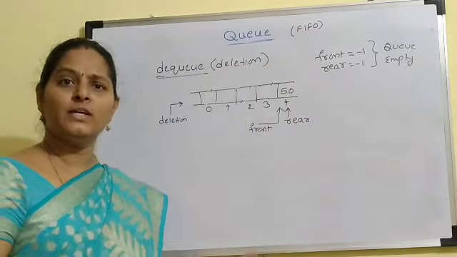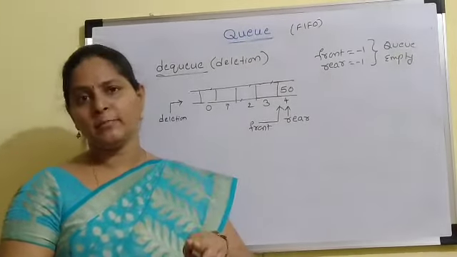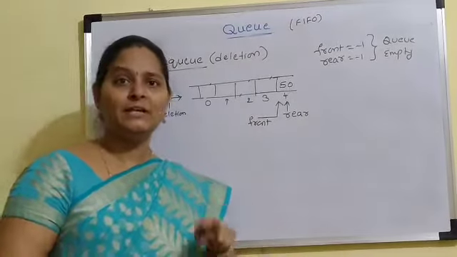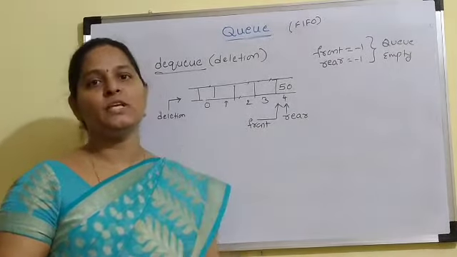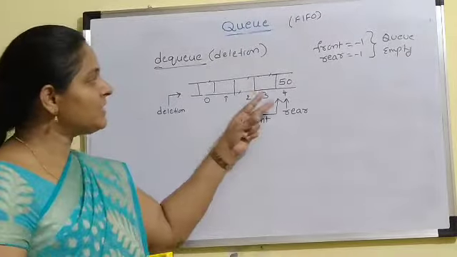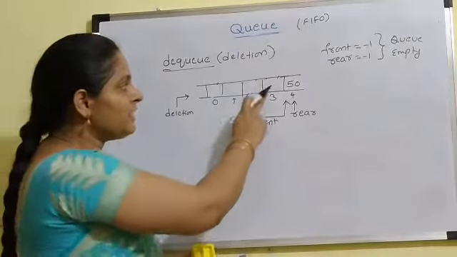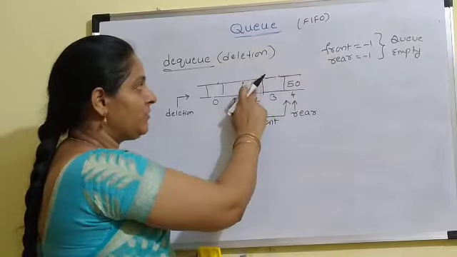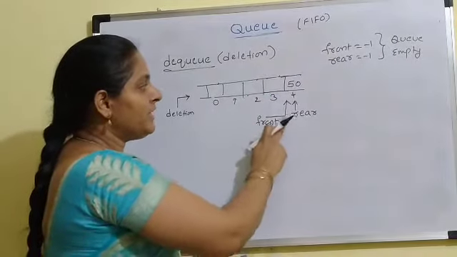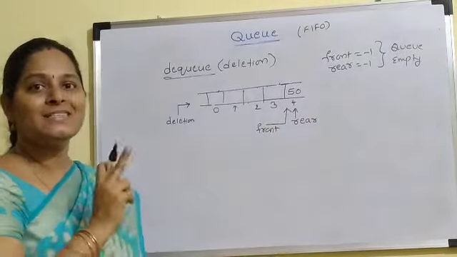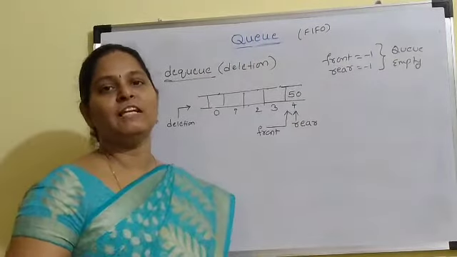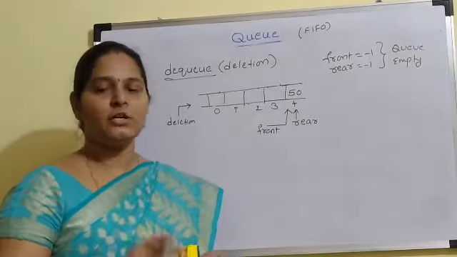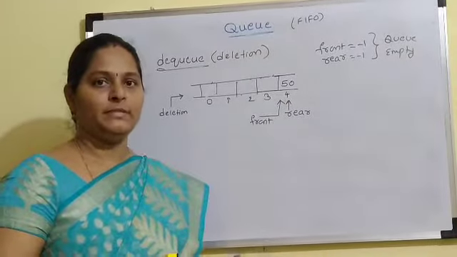Other than -1, if the front and rear pointers are both pointing to any other location, that indicates that the queue contains only one element. Now in this scenario, after deletion of 40 from the queue, both front and rear are pointing to the same location. That indicates that the queue contains only one element, right?